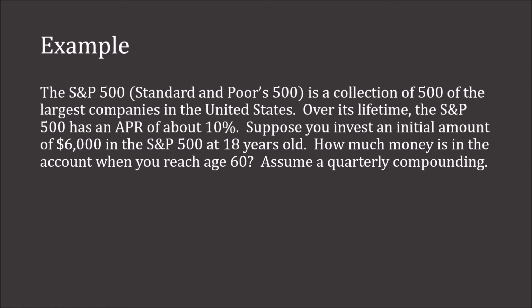Well, the formula was A of t equals P naught times 1 plus R over N to the N times T. This is our model. Well, we know that we're starting with $6,000.